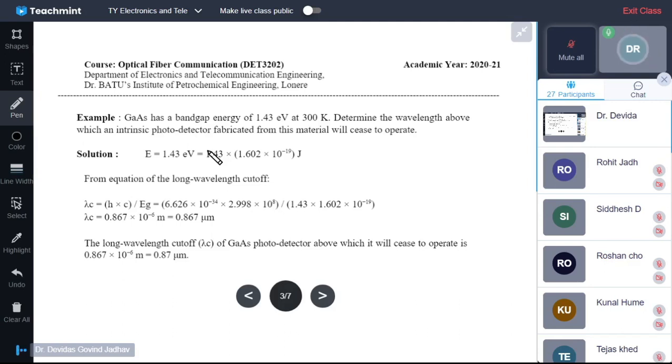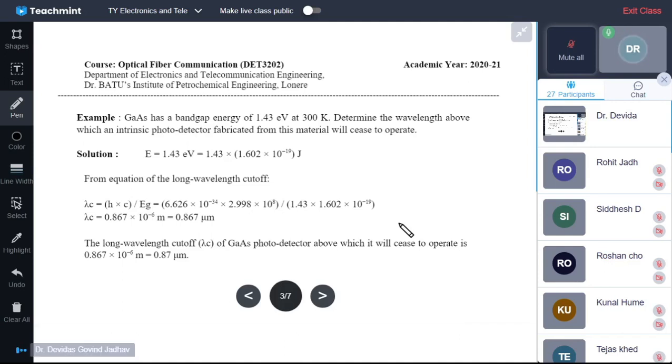Determine the wavelength above which an intrinsic photodetector fabricated from this material will cease to operate.